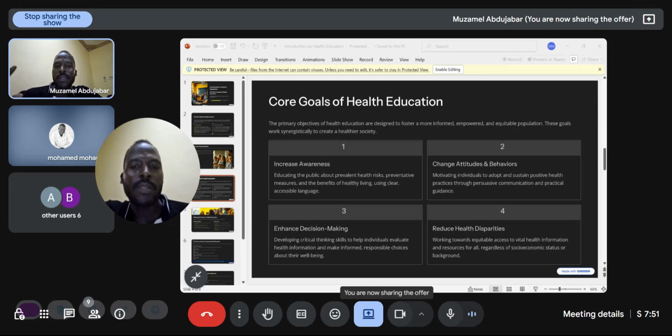The third objective of health education is enhancing decision making, like developing critical thinking and skills to help the individual evaluate information. Enhancing decision making, for example: if you are in the hospital or in health centers, sometimes you can meet some patients, and their co-patients are also there.